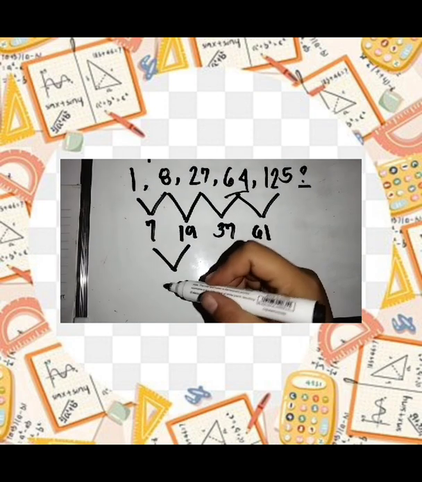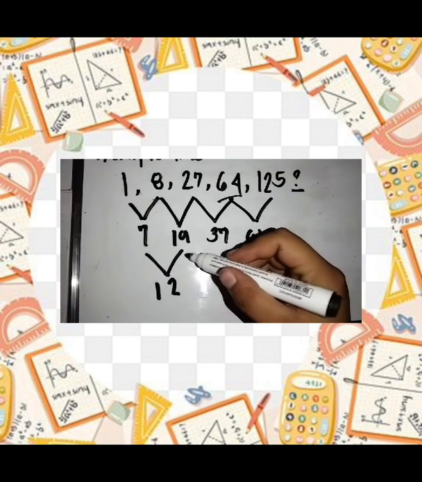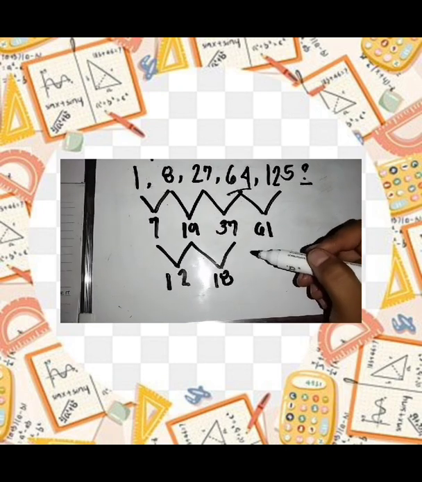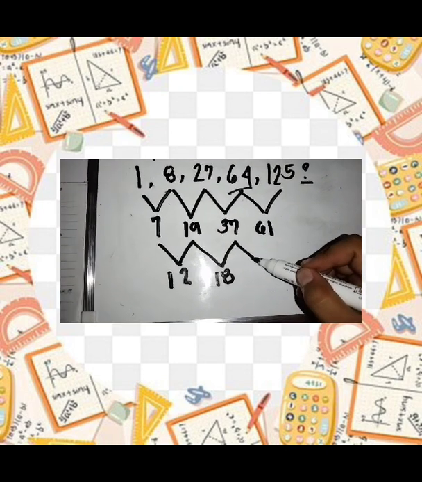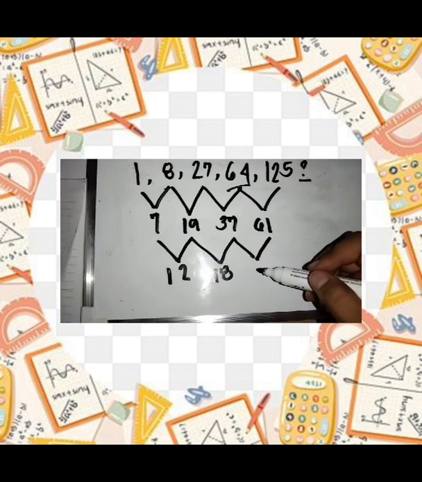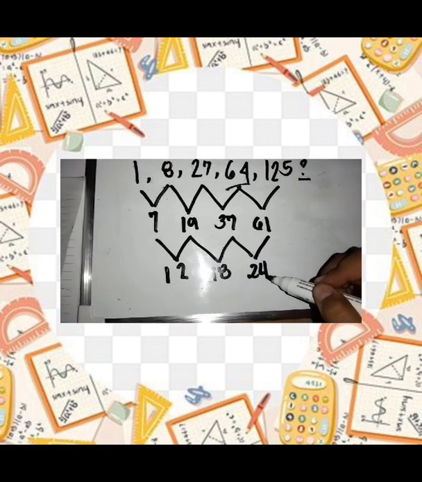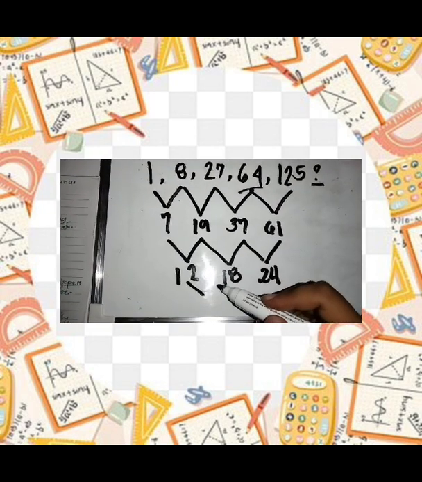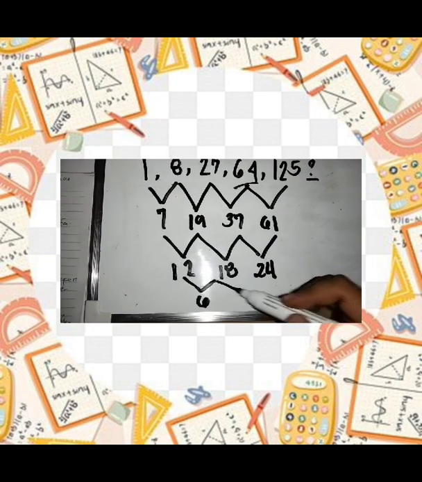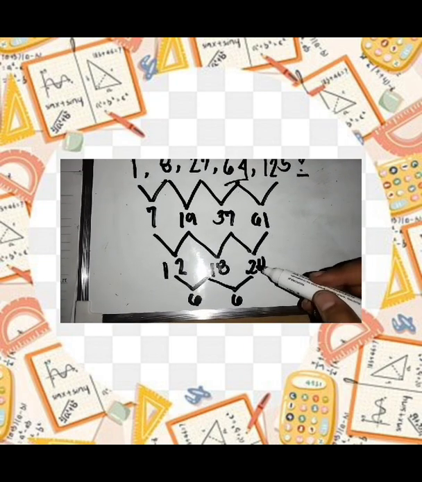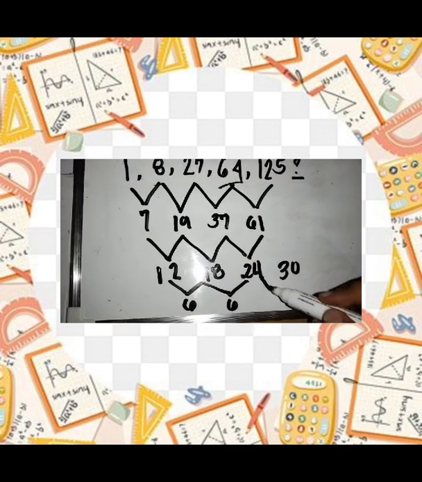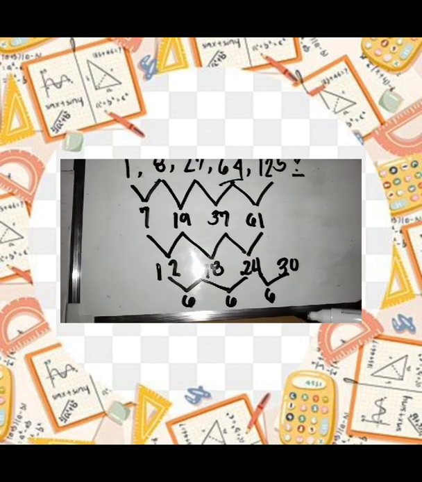7 minus 19 is 12. 19 minus 37 is 18. 61 minus 37 is 24. In that situation, there's a pattern. 6, 6, and 24 plus 6 is 30, and 6.